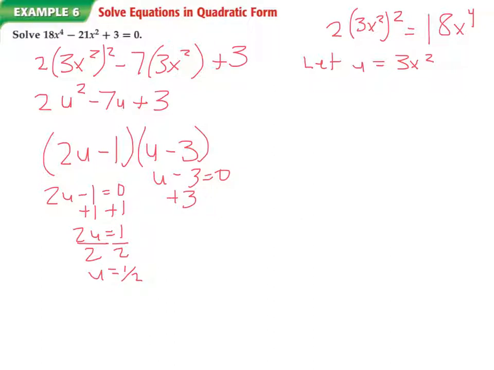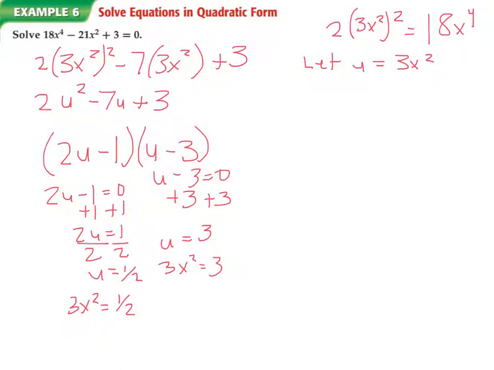I'd just be adding 3 to both sides. So u equals 3. But now, since we use that u value, we have to replace the u with 3x squared. So here we'll have 3x squared equals 1/2, and 3x squared equals 3.